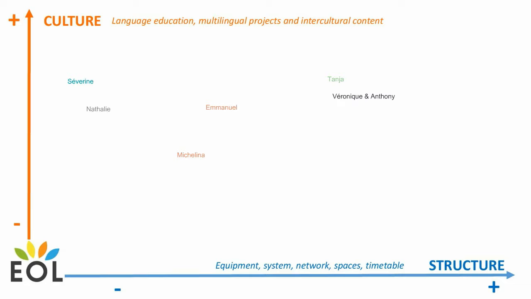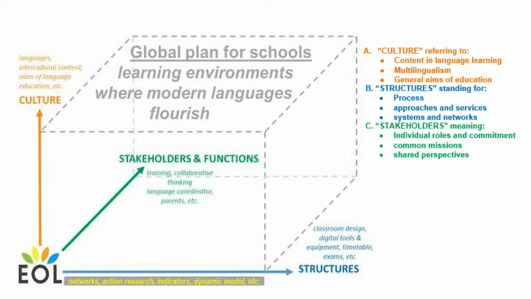Now, unfortunately, that's not it, because we have another third dimension, as you can see from our next slide, which are the stakeholders or functions. So a question I would ask you is, have you included the parents when you are designing your project? Or what about cooperation with other teachers?